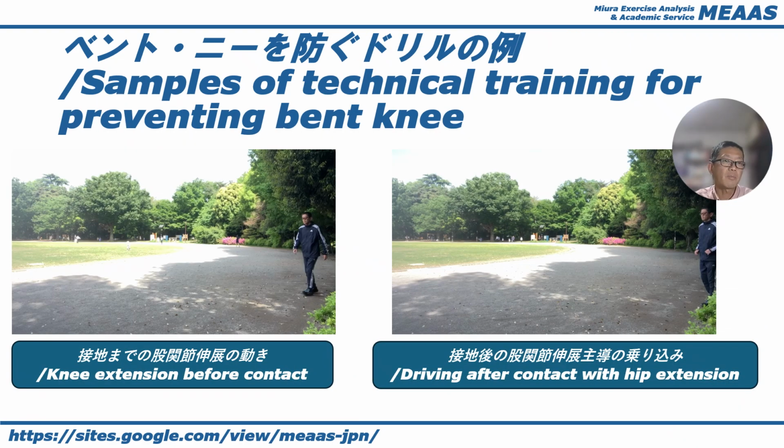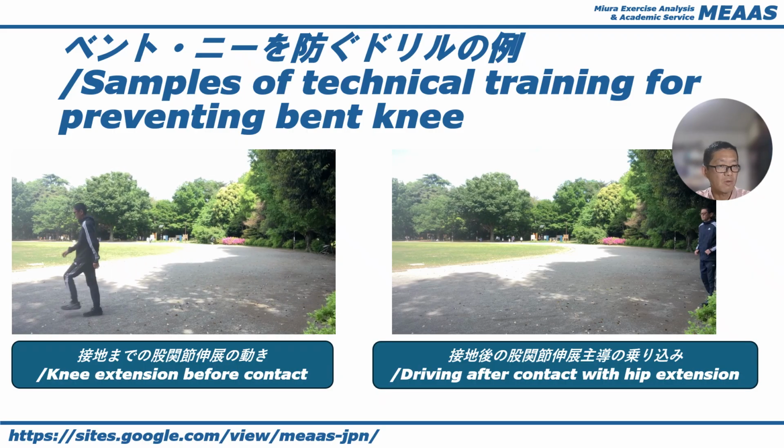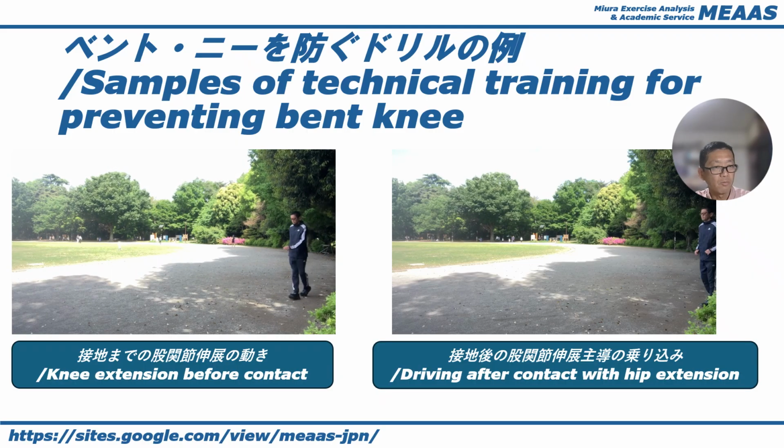I will explain the technique to learn correct technique after this short series of mechanics. But I present to you samples of technical training for preventing bent knee. The first one is snake walking, snake-like walking.